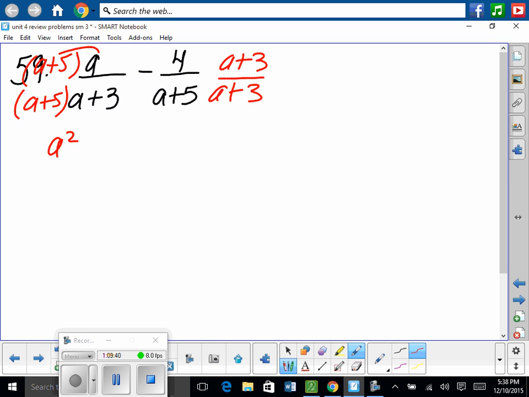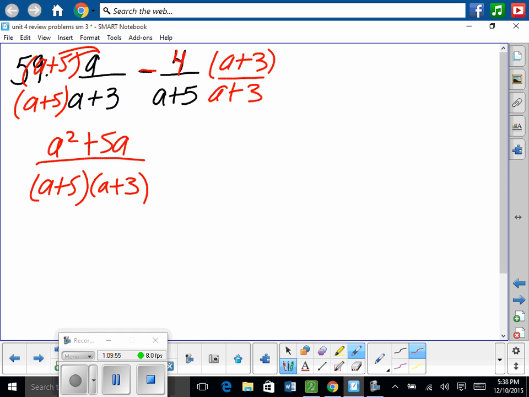Distribute that through. That's a squared and then plus 5a, and that's all over a plus 5 times a plus 3. Leave them factored. And then we will distribute negative 4 through to both things. Negative 4 times a. If we do this, then we've taken care of the negative. So we have negative 4 a's.